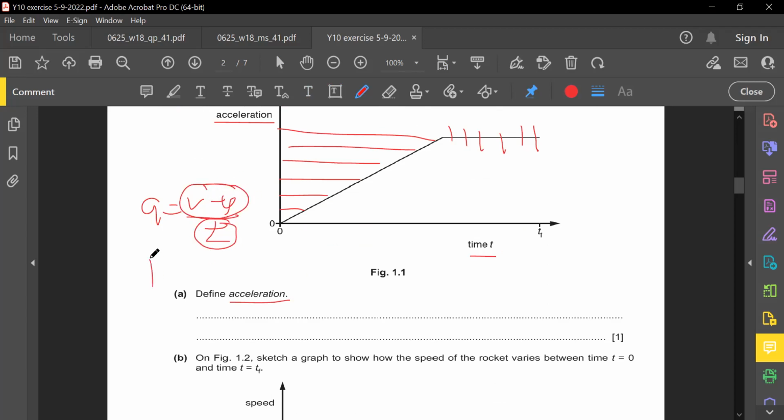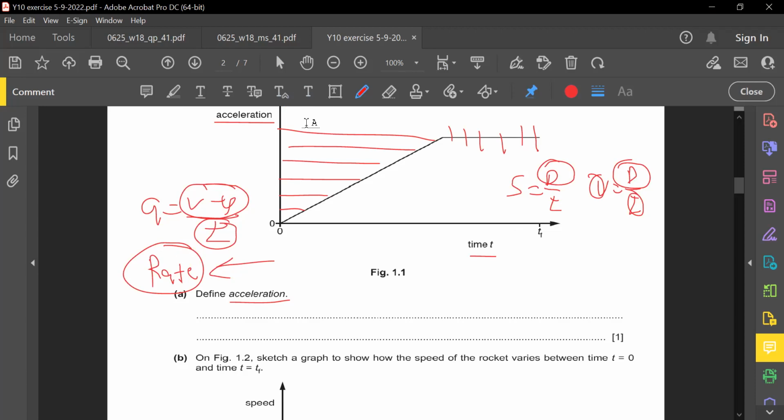In your exams, if you ever see the word rate, it means there is something over time, like speed is distance over time, right? I could say the speed is the rate of change in distance, or velocity is displacement over time. I could say that velocity is the rate of change of displacement. Whenever you see the word rate, it's something over time.